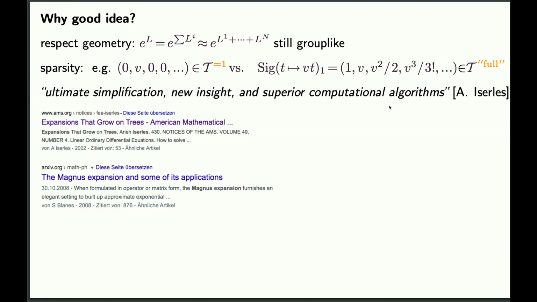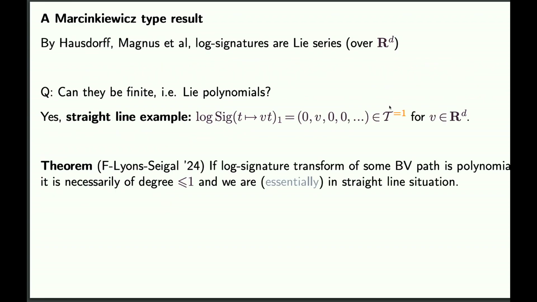It's the same thing. This is the exponential function in the tensor algebra. And if you take the log, you take off this exponential, and you're back to V. So this has to do with sparsity. It can be a good idea to switch to the log here. And here are some other citations that I'm not going to read out. Again, it's a very useful concept.